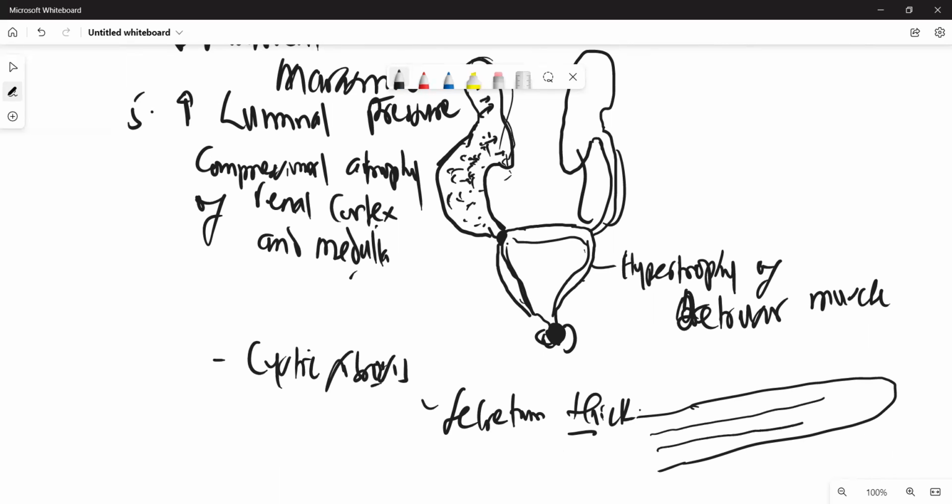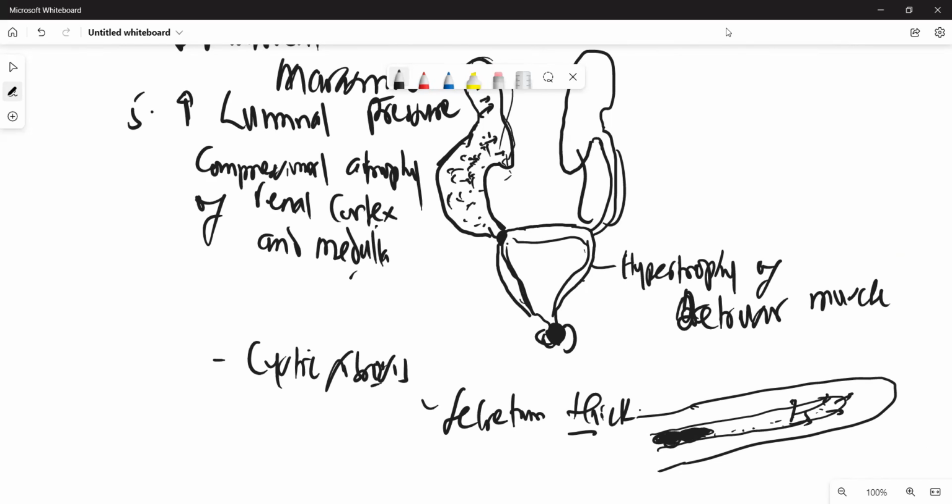Because the secretion is so thick, those secretions are not flowing very well. As a result, they block the lumen of the pancreatic ducts, and that increases the luminal pressure, and of course that will also lead to what?